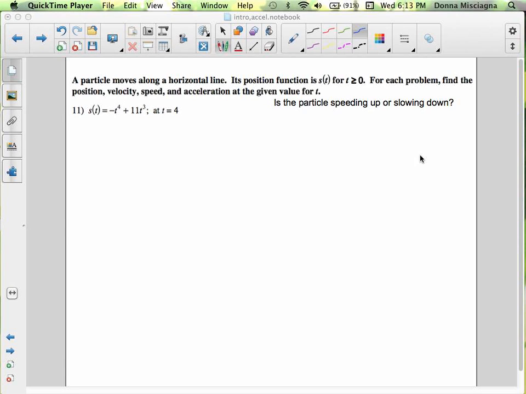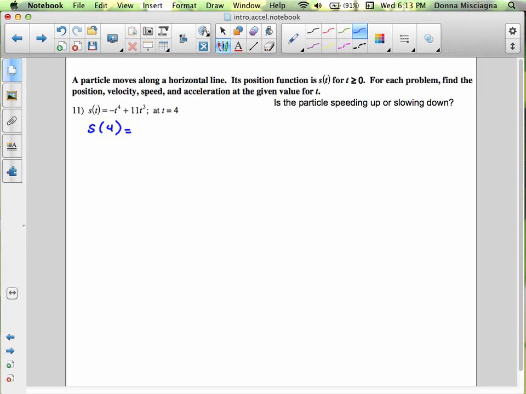All right, so the position at 4 seconds would be negative 4 to the 4th plus 11 times 4 cubed. So it's going to be negative 256 plus, 4 cubed is 64, and then times 11 is going to give us 704.